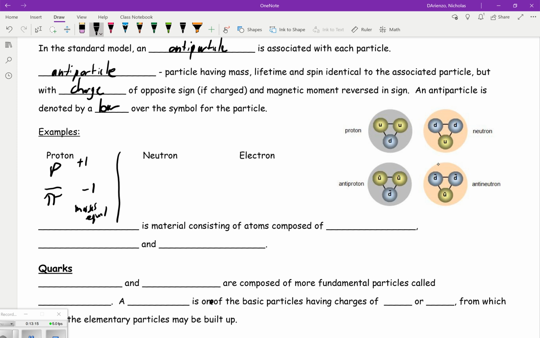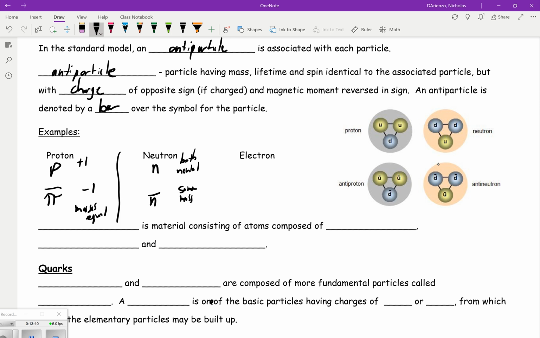The neutron we represent with a lowercase n, and the antiparticle represented with a lowercase n with a bar over the top. Both of these are neutral, and they have the same mass.